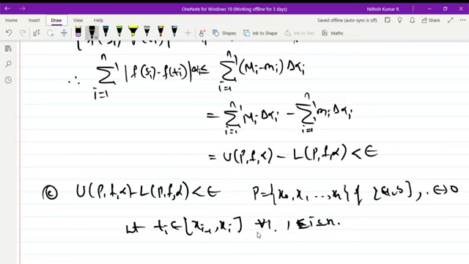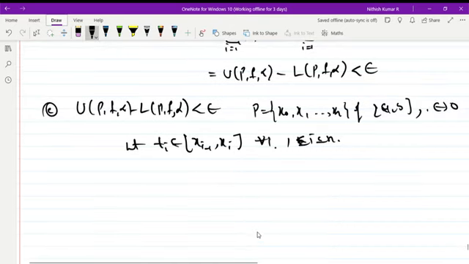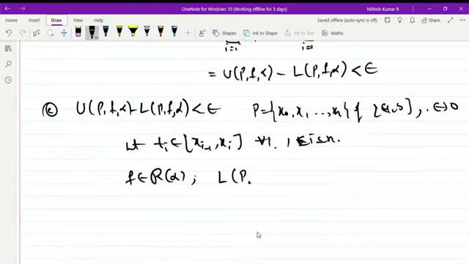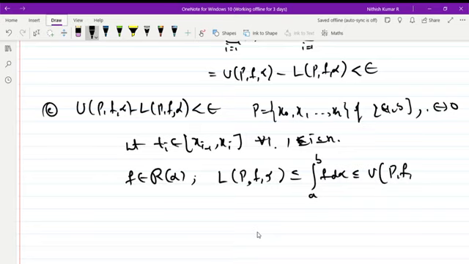Since f is Riemann-Stieltjes integrable, f belongs to R of alpha, we have L(P, f, α) is less than or equal to the integral from a to b of f d alpha, which is less than or equal to U(P, f, α). So let's name this as equation number 1.